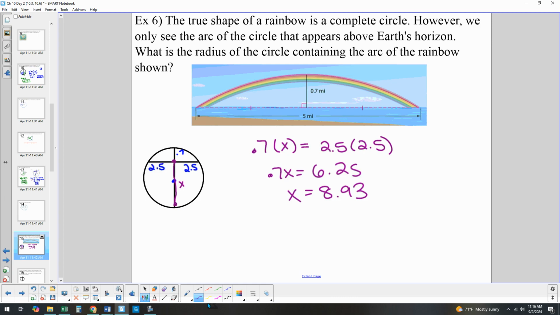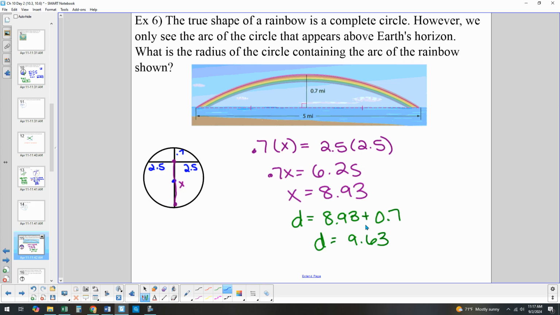That's not the radius. That's not the diameter. The diameter would be if I added 8.93 plus the 0.7. So the diameter is really 9.63. But I'm still not done because I wanted the radius. We know the radius is half of the diameter.